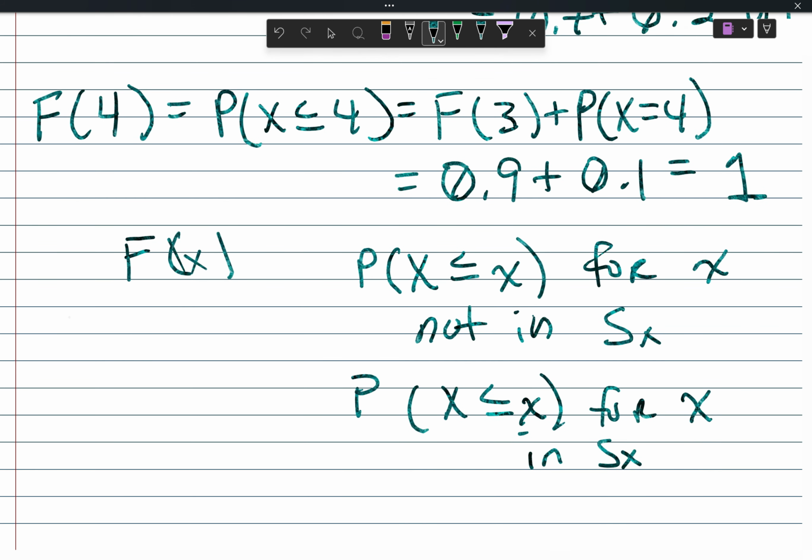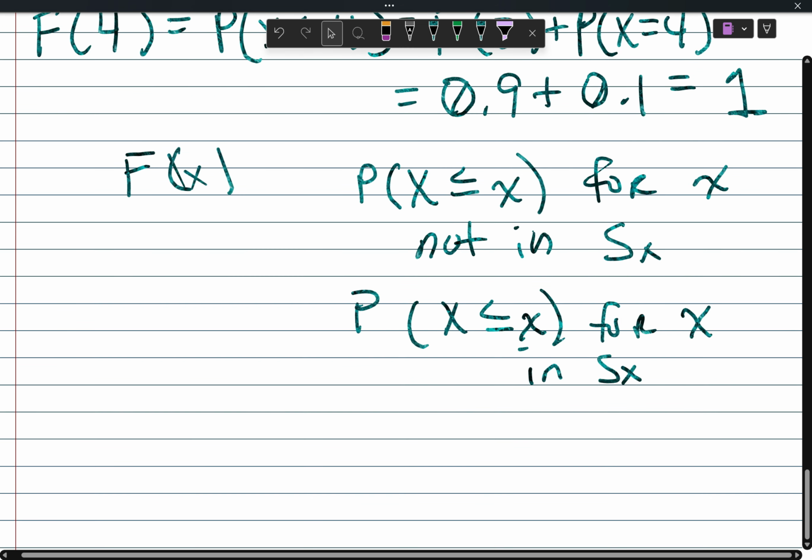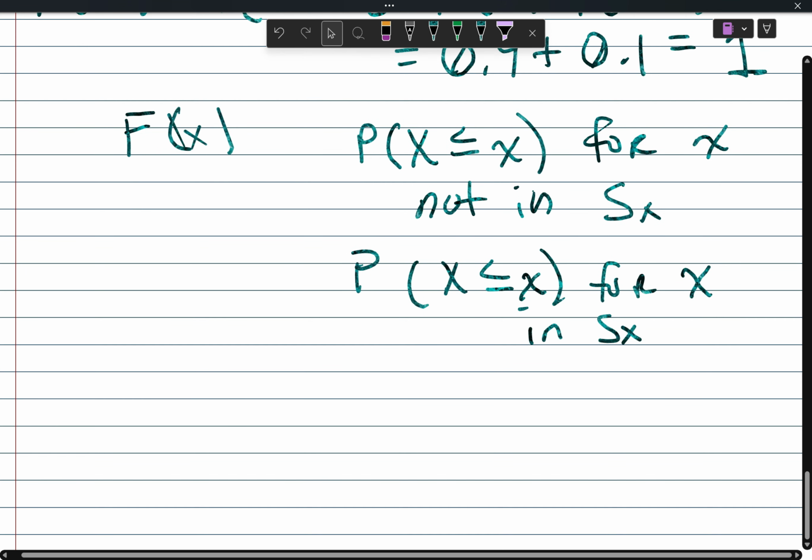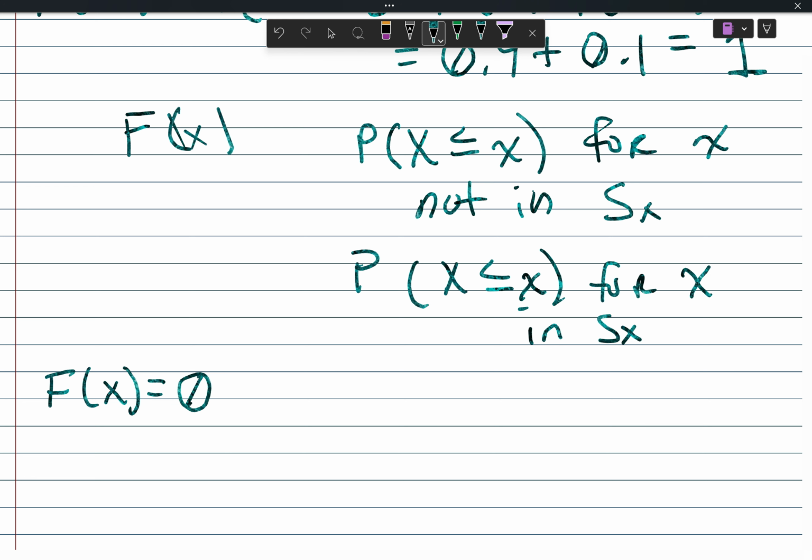All right, so the end result, and I guess you can call them quick explanations, are we have F(x) equals 0 for all x less than 1. And this is because the variable X less than or equal to x equals 0.